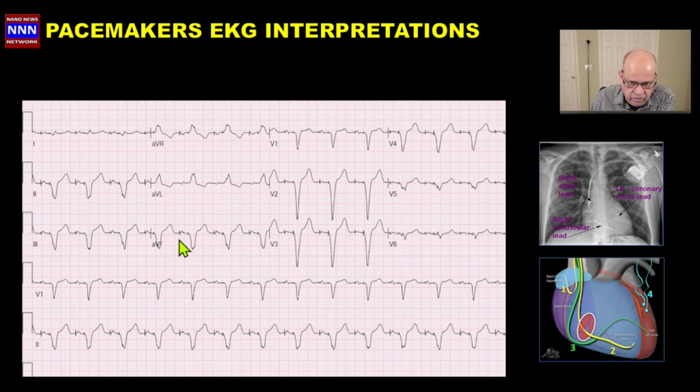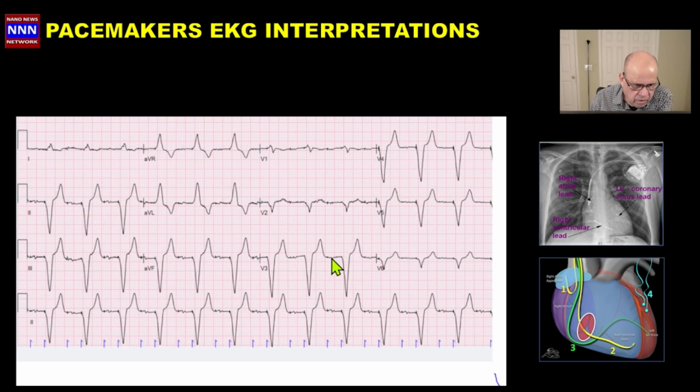Here we have another example of atrial pacing, ventricular pacing with wide QRS tachycardia, and we have negative deflection. I think it's similar to the patient we had before, with some positive deflection in 1 and AVL and also AVR. But the chest leads are all showing the impulse is going from the apex of the heart.